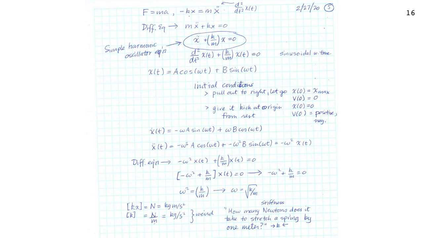So x double dot is minus omega squared times x of t. So there's our substitution. We calculated x double dot, there it is. Now we also have plus k over m times x of t equals 0. Now, if you factor out x of t, you get this equation.